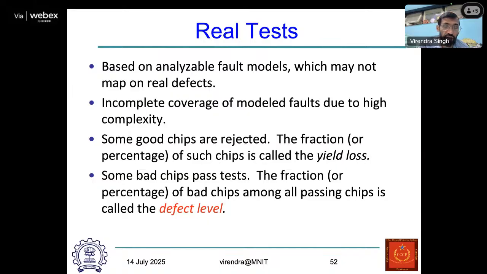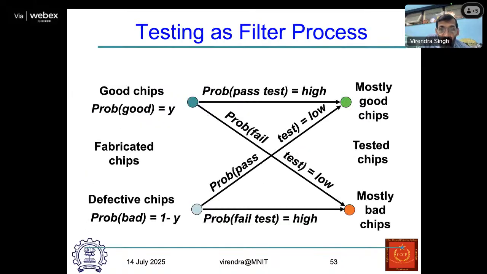Defect level is defined as how many faulty chips you are sending to the market over the total number of chips that you are selling. The process is something like this. You have some chips which are good chips, some chips which are defective or bad chips.